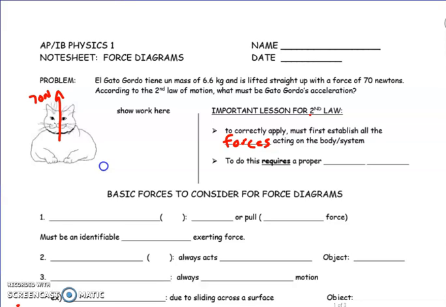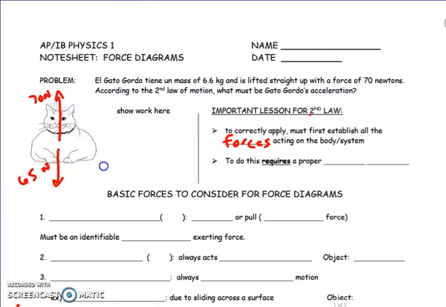So I ask myself, are there any other forces acting on the cat? And yes, there is. There's gravity. We know gravity acts down, and you don't know this yet, but the force of gravity on a cat is around 66 newtons. Not quite that. If I want to be more exact, it's actually closer to 65, so I'll try to be more exact.